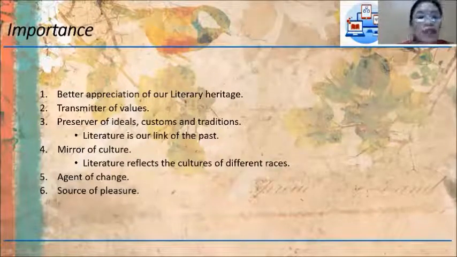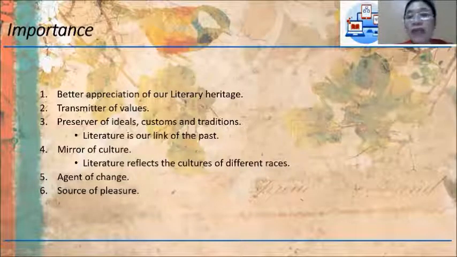Okay, now it is also the mirror of culture, that literature reflects the cultures of different races.